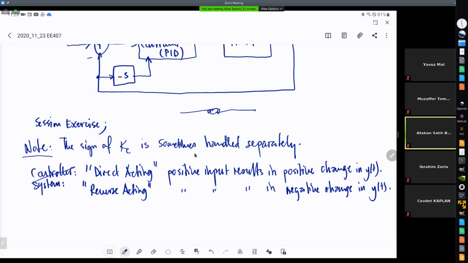So that really affects the sign of KC, and you can determine from whether the system is reverse acting or direct acting what the sign of KC is, and sometimes you will have a checkbox to indicate which type of system this is. Okay.